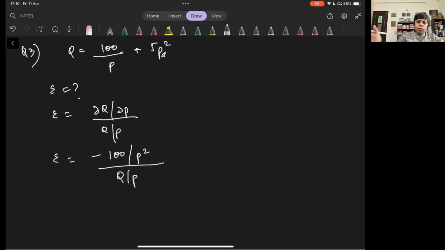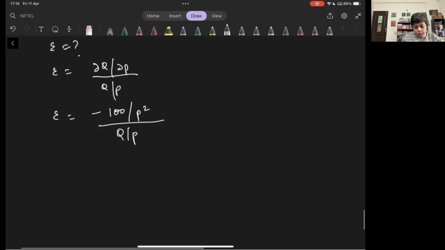Yeah. So what are we going to do? One P we can cancel from here, minus 100 by P square, and Q by P, one P we cancel here. So this just becomes minus 100 by Q into P.